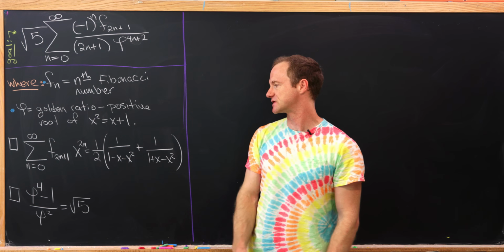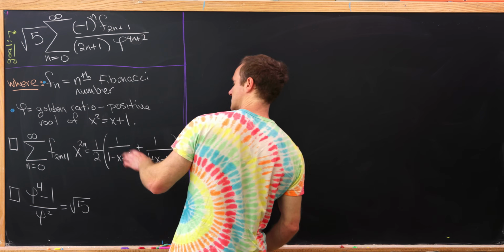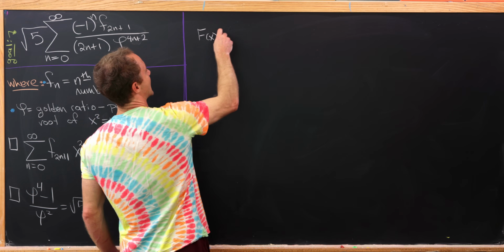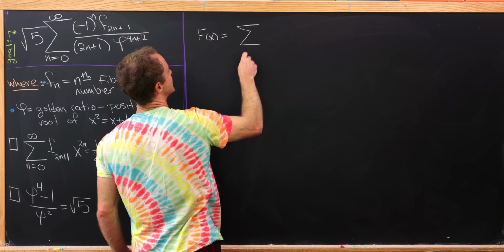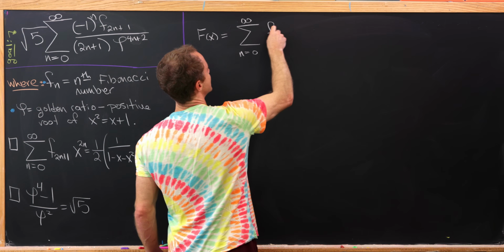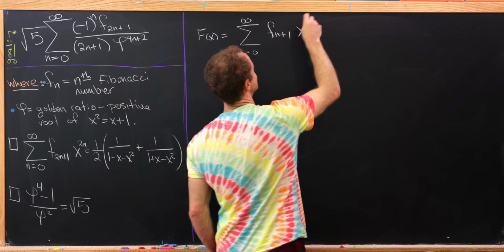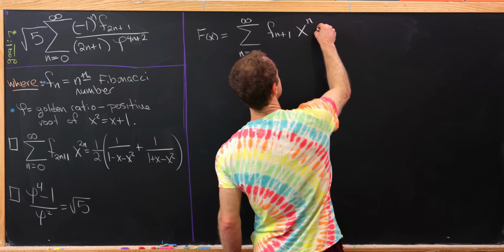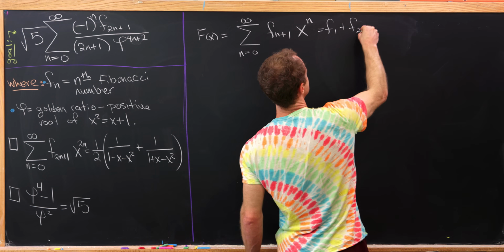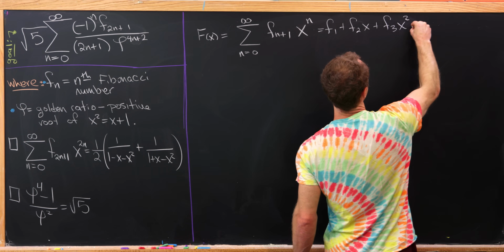Okay, so let's start with this first thing. Let's introduce a little bit of notation. I'm going to take f of x and set it equal to the sum as n goes from 0 to infinity of F_(n+1) times x^n. So that means I've got something like f sub 1 plus f sub 2 x plus f sub 3 x squared, and so on.